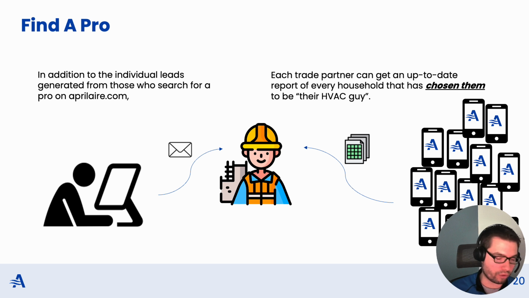We now are able to store that information and give stats and information to the HealthyAire Pro on that kind of information. It also can create an incentive for them to get as many customers as possible choosing them, and that will benefit both them and the customer because of this.